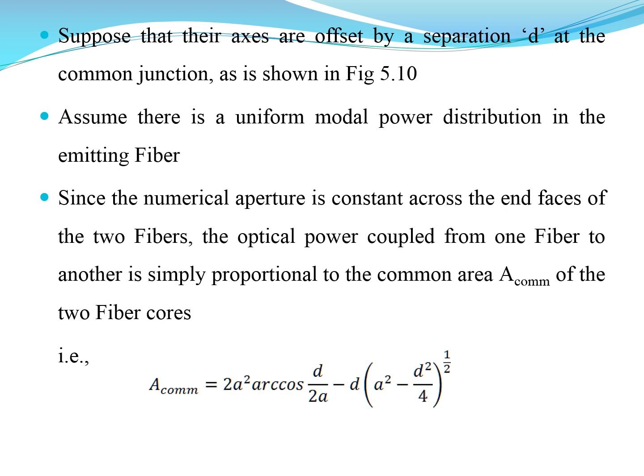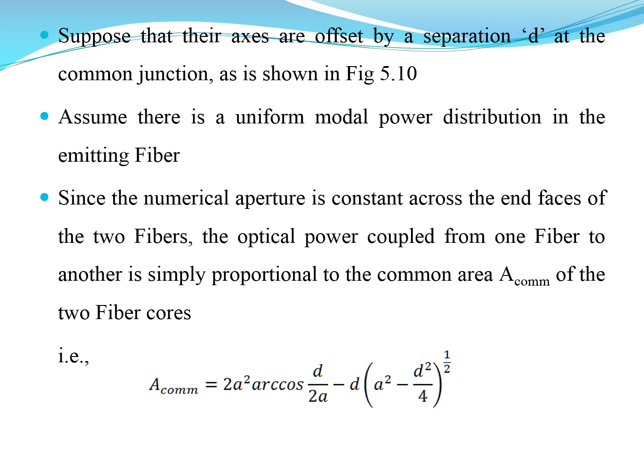Since the numerical aperture is constant across the end faces of both the fibers, the optical power coupled from one fiber to another fiber is simply proportional to the common area of the two fiber cones. It is the common area where the density of the optical signal is very high, because it gets accumulated in a common area.